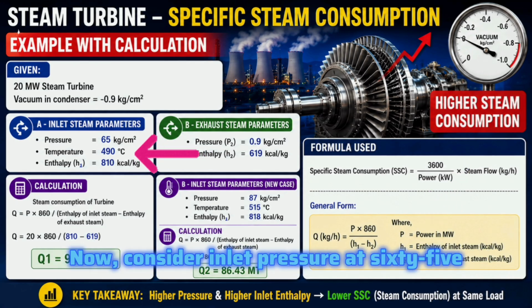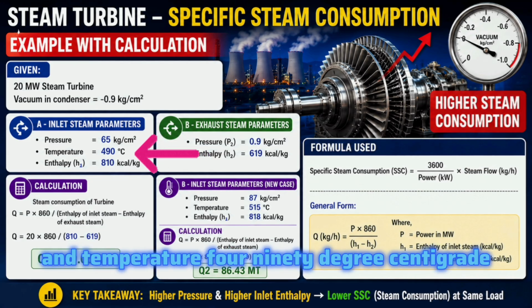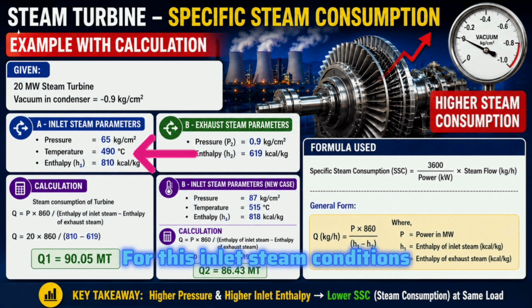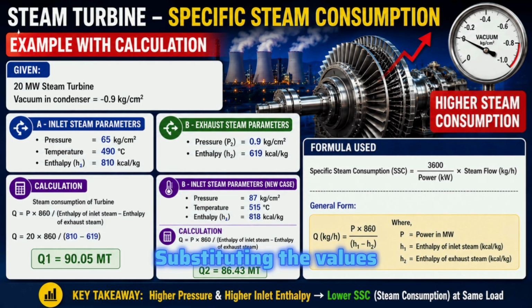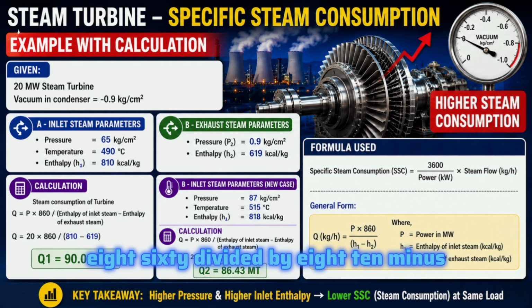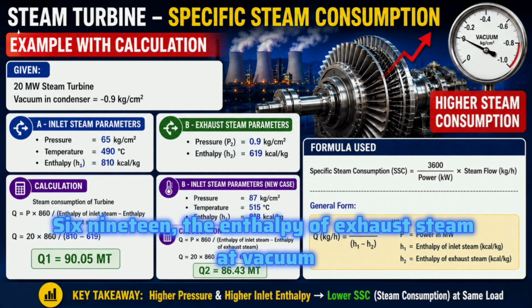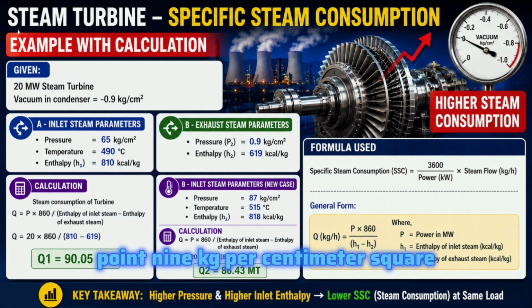Now consider inlet pressure at 65 kg per centimeter square and temperature 490 degrees centigrade. For this inlet steam condition, enthalpy will be 810 kilocalorie per kg. Substituting the values, power P is equal to 20 megawatt into 860 divided by 810 minus 619, the enthalpy of exhaust steam at vacuum 0.9 kg per centimeter square.